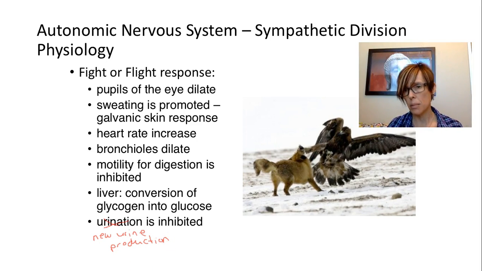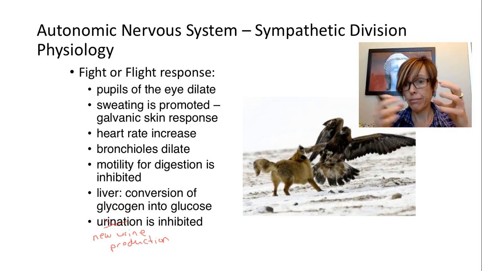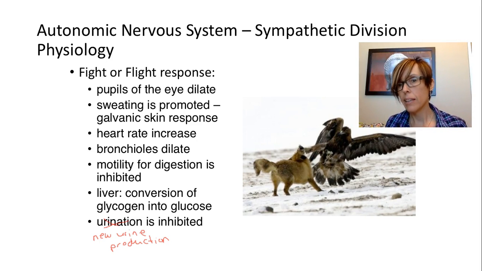A lot of times when the sympathetic nervous system kicks in, the very first response people have is they let go of the urine that they already have. The bladder releases all the urine because if you're going to fight something off, that full bag of urine is just dead weight. I know it's not pretty, but it lightens the load so you can get away.